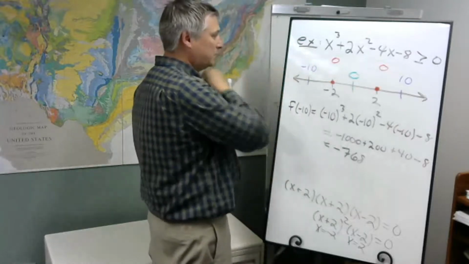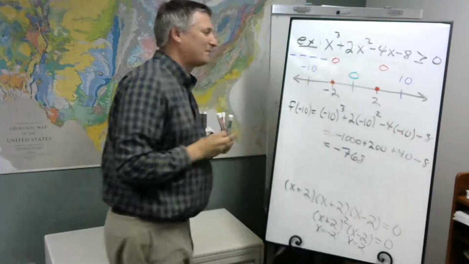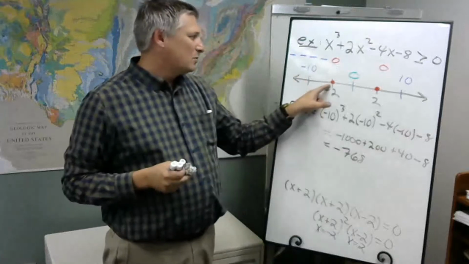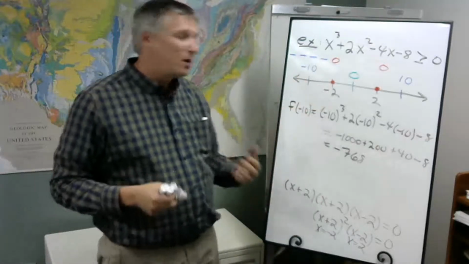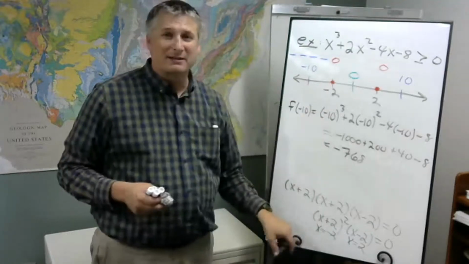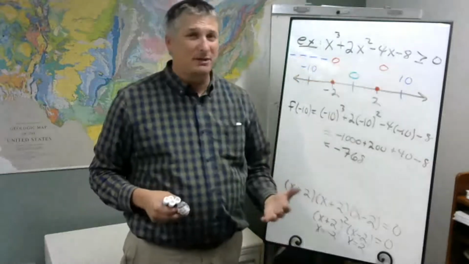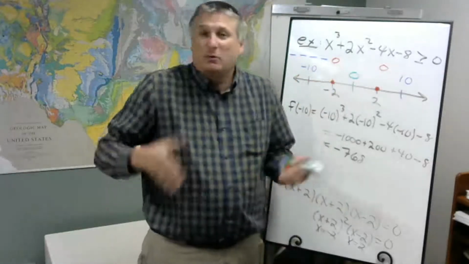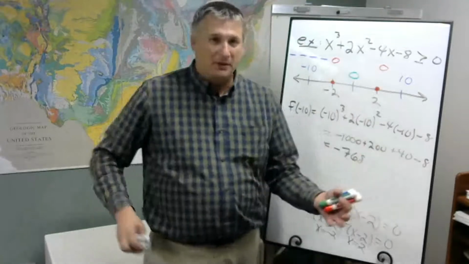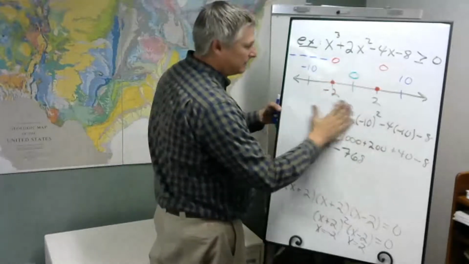Oh, this will be blue. Now remember, this has a multiplicity of 2. So that means the polynomial will just contact the x-axis and then dive back down again. So that means if this is negative, this is also going to turn out to be negative. But again, let's say we weren't thinking about that. Let's say we just overlooked multiplicity. Well, again, we can just test that, see what we get.